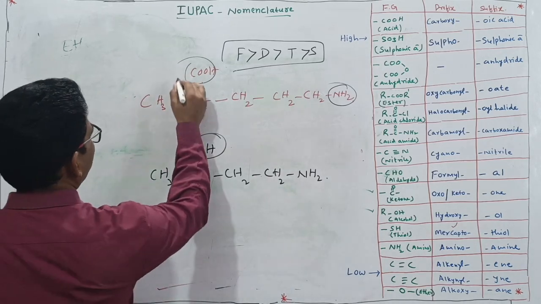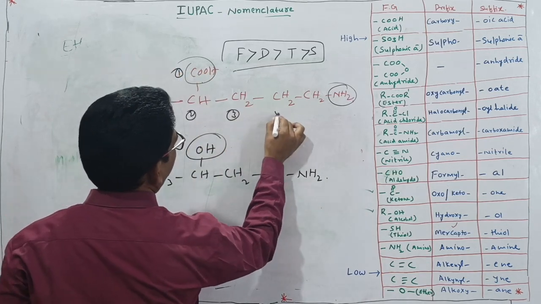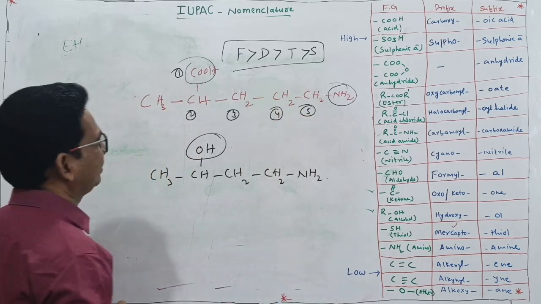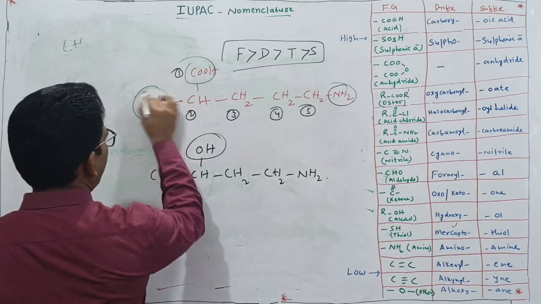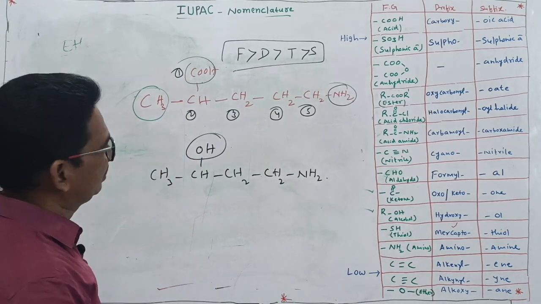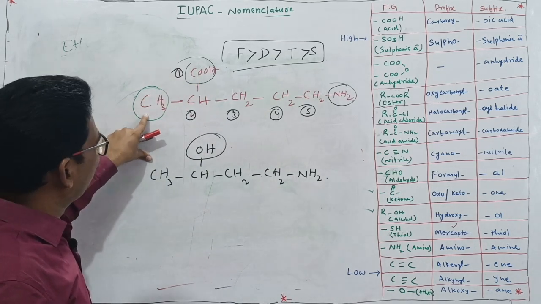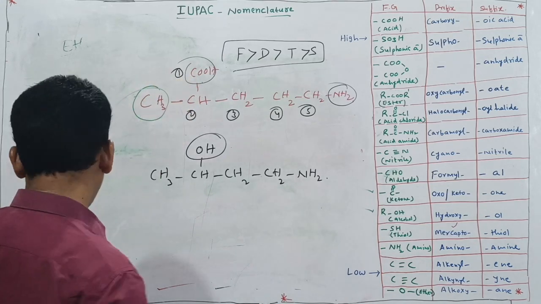That's why we have to start the numbering from here. 1, 2, 3, 4, then 5. Now, one more substituent is the methyl group. If OH were there, we would count from there. But here acid is there, carbon is there. That's why we are counting from here.